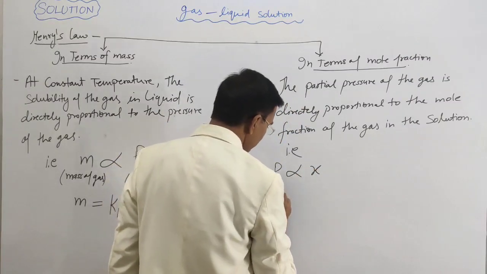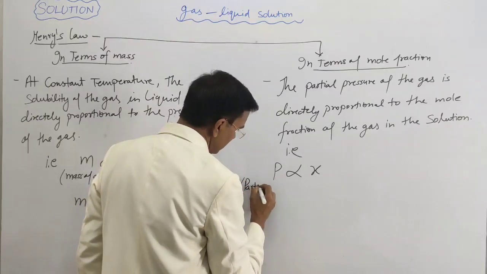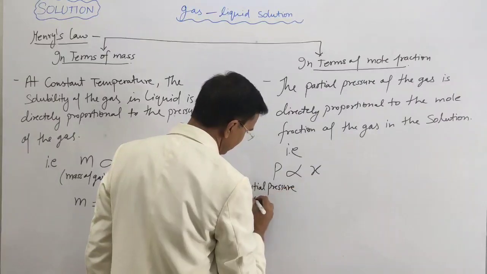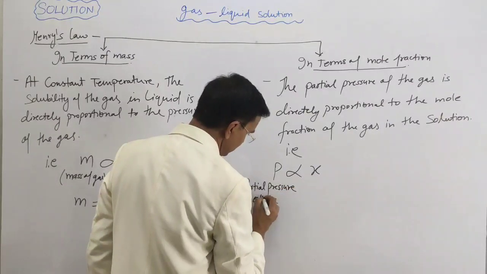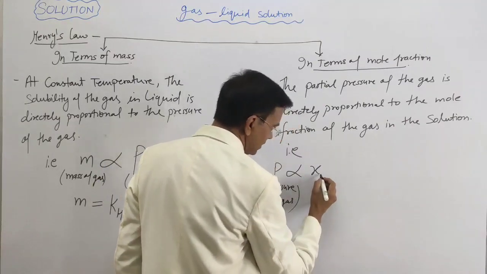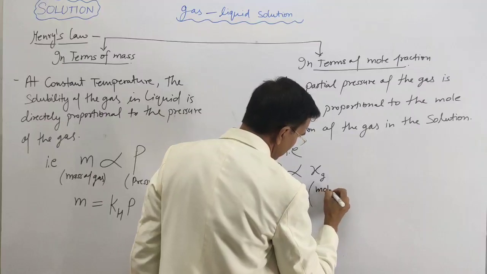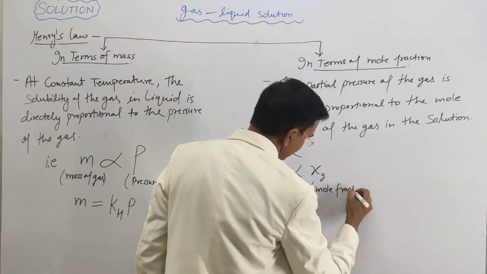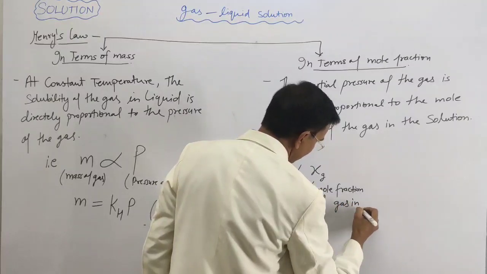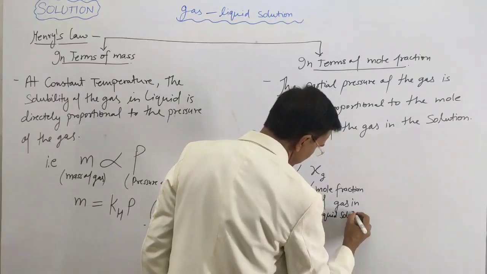So if you are going to write here, this is the partial pressure of the gas, and here is the mole fraction of gas, X gas, the mole fraction of gas in liquid solution.